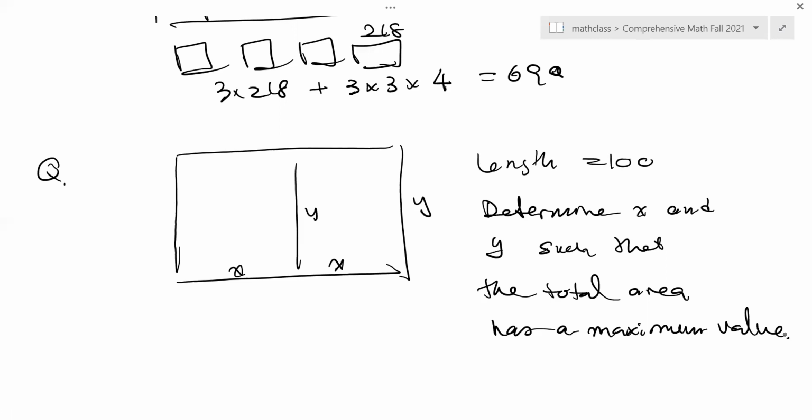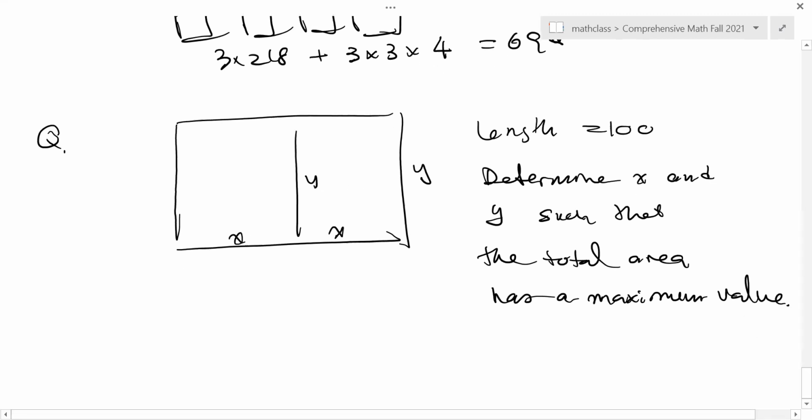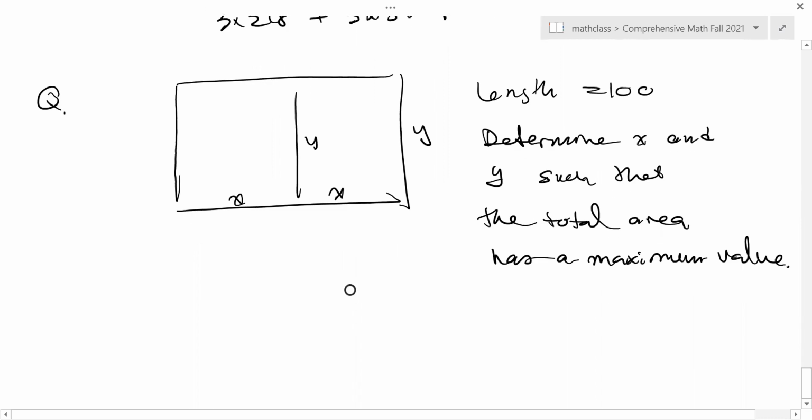So it's very simple. Now you have to cut one piece of the fence and put it in the middle, so divide it into two regions. Then what is the dimension of this rectangular garden so that you have maximum area, right?